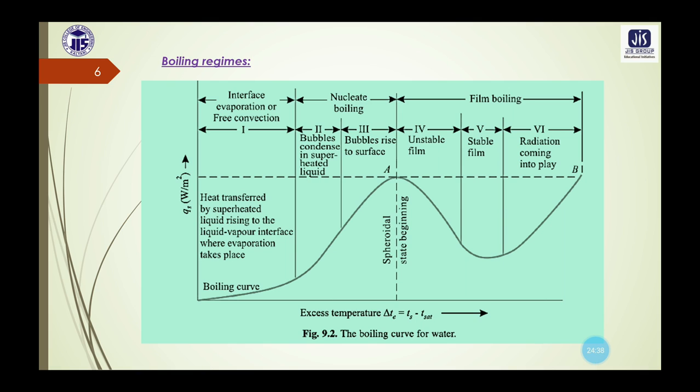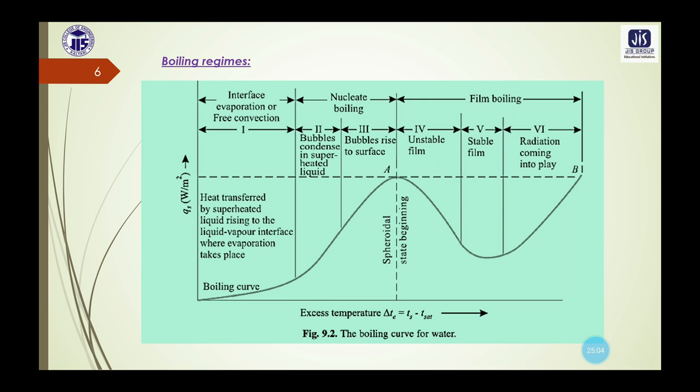Now there is one important terminology that is known as the critical heat flux or burnout point. This is that point A here in this diagram. It is the point of maximum heat flux on the boiling curve at which the transition from nucleate to film boiling initiates.